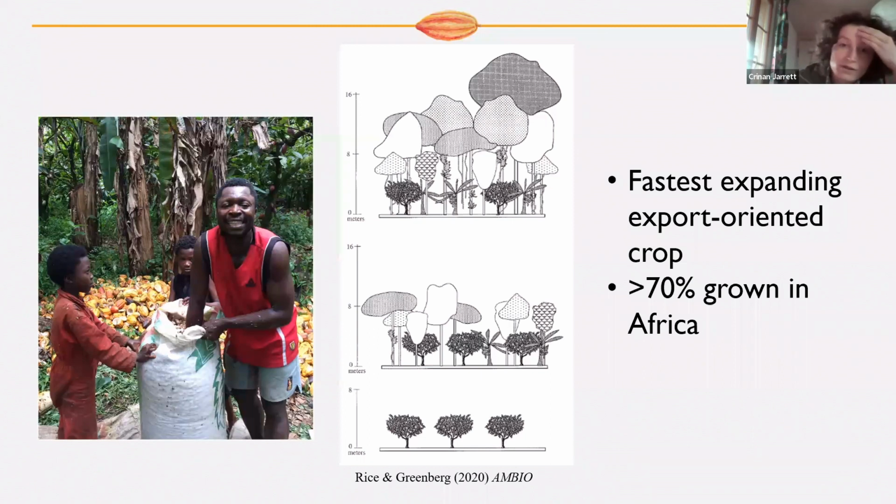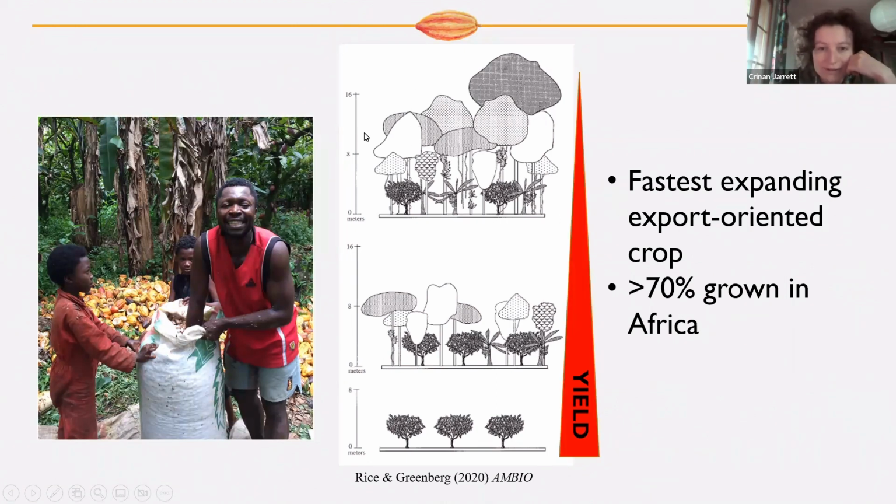The interesting thing about cocoa is that it can be grown under a range of conditions. So the graph in the middle here shows a gradient of cocoa plantations. In the top one, we have very low intensity cocoa agroforestry.